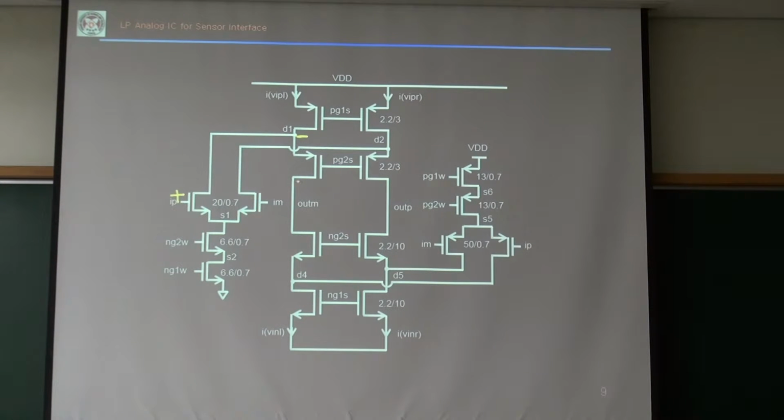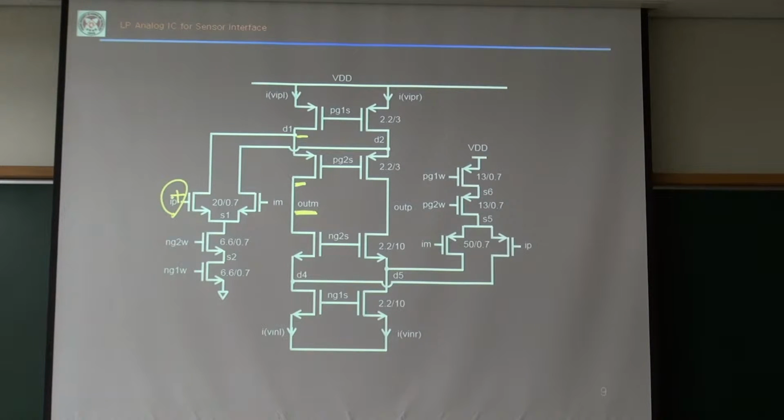This common gate transistor, the voltage gain is negative. Oh yeah, then this should be positive, okay? So it's fine. This IP is good here. This is a positive input because it just reduces minus output.